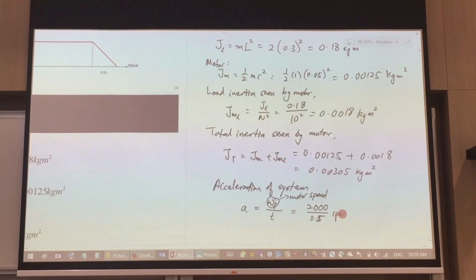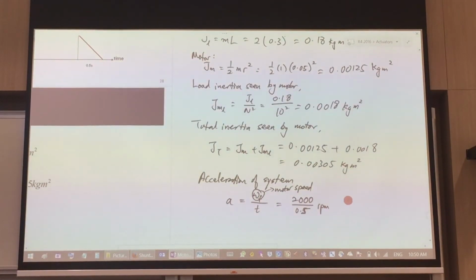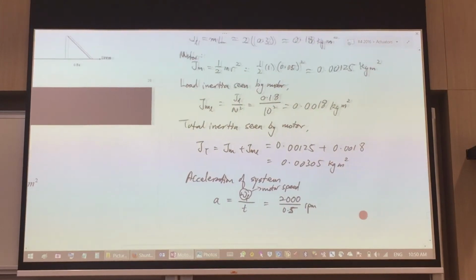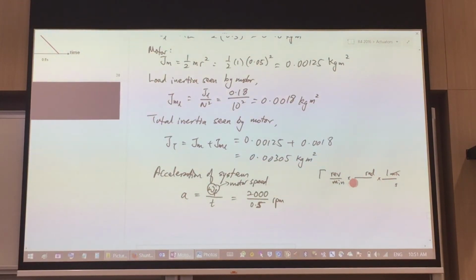This is RPM. So in order to convert it into radians per second, I just have a side line over here. RPM is revolutions per minute. In order to convert into radians per second, there's 1 minute over here, so this minute and this minute will cancel.